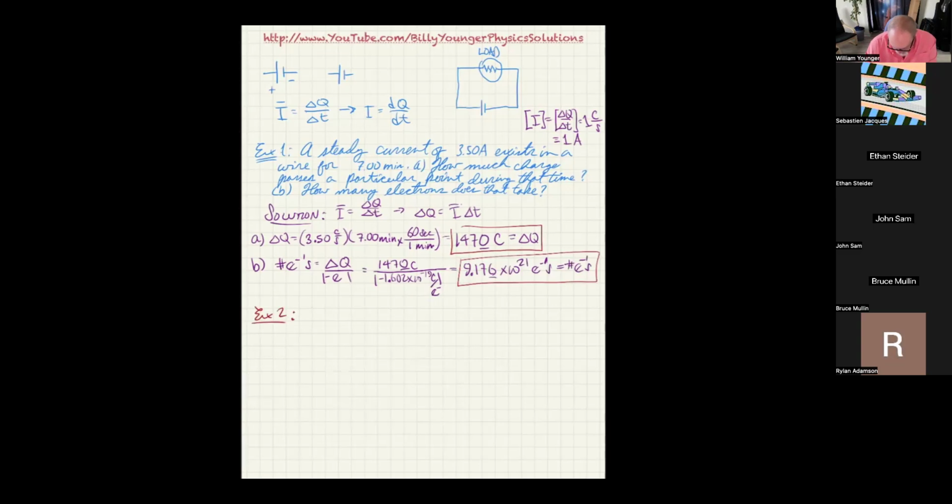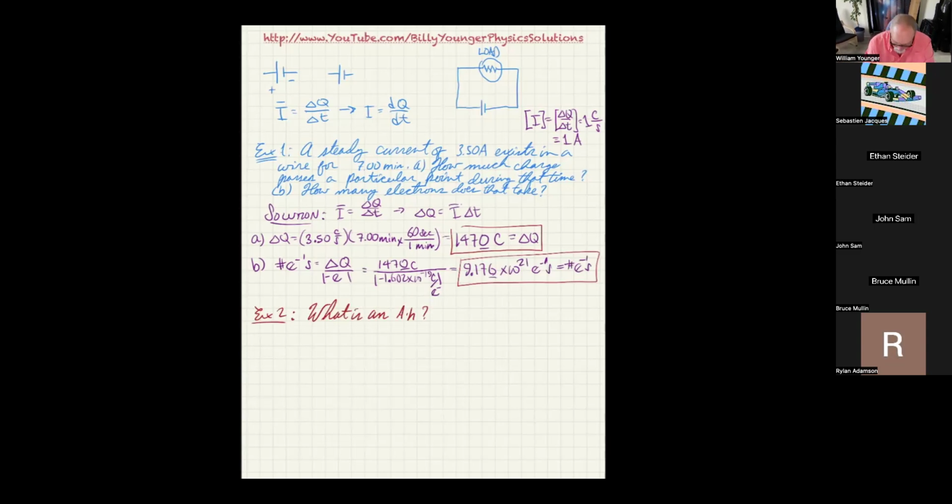So, example 2, what is an amp hour? Okay, so what an amp hour is literally an amp times an hour.